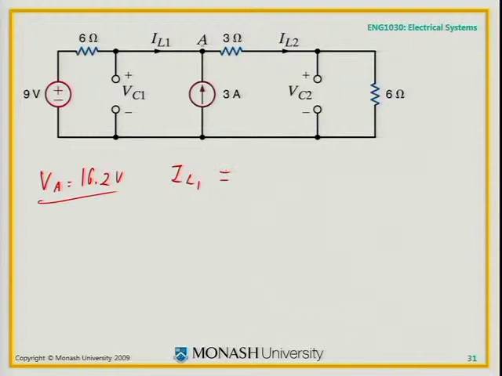Well, if I know VA, and I know that's at 9 volts, I reckon IL1 is 9 minus VA divided by 6, which will be minus 1.2 amps.